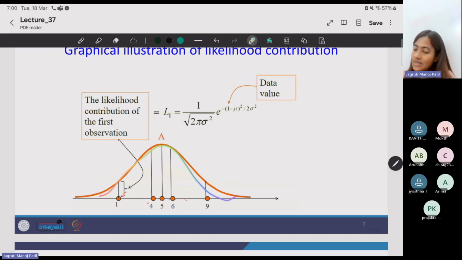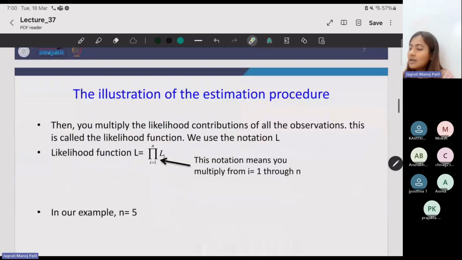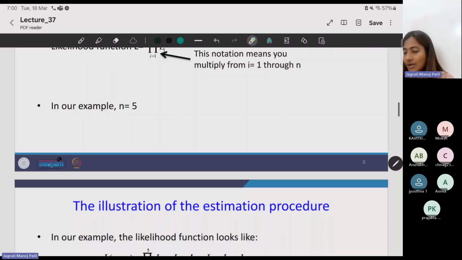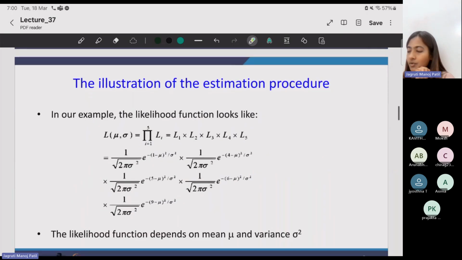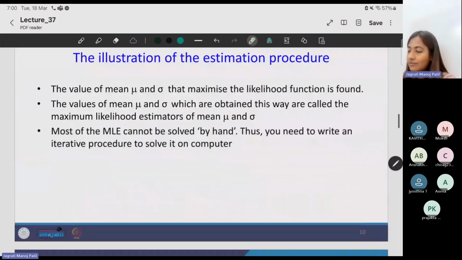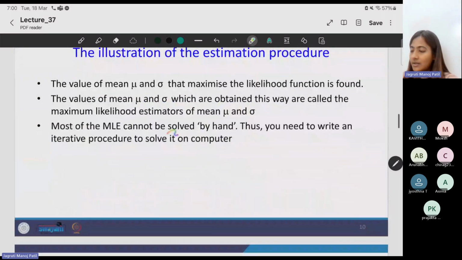It means that, yes, essentially A was the distribution that was following the data set. Now, when we assume that the n variables are independent, we take the product of all of them, the product of Li. In our example, it was 5 variables, so you do it 5 times. Doing it by hand, you need a computer to solve it iteratively.